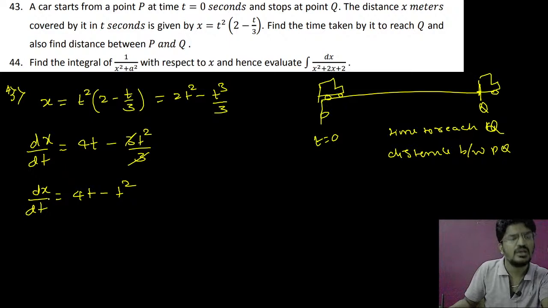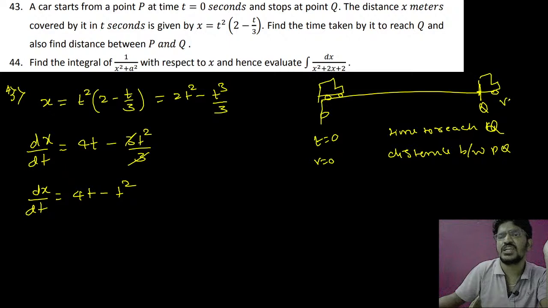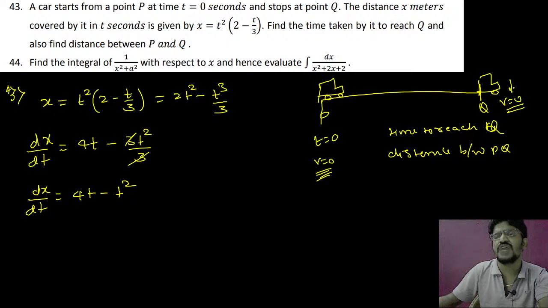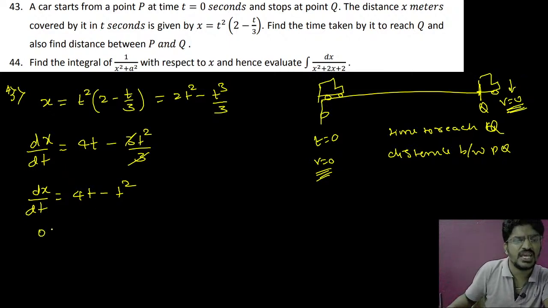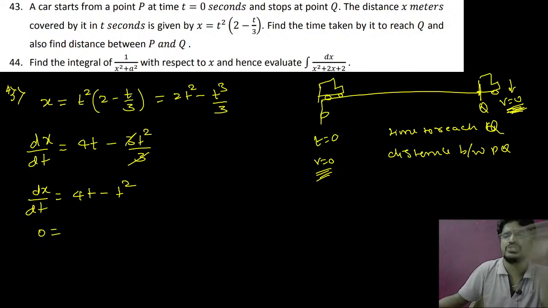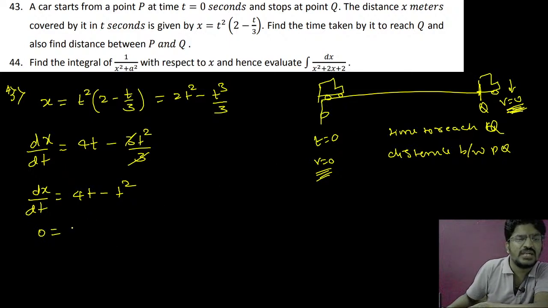Okay. So see here, if I differentiate this, it will be rate of change of displacement, which is equal to velocity. Velocity at rest position is 0 and velocity at the final position is also 0. I think you all know very good physics. The velocity at the initial point is 0, and the velocity at the final position is also 0. So I can take velocity as 0 in the final position and calculate my t.